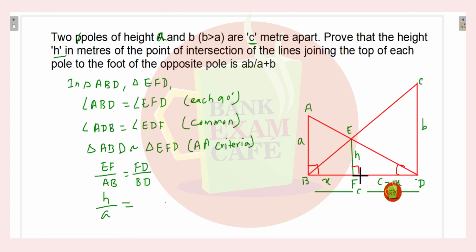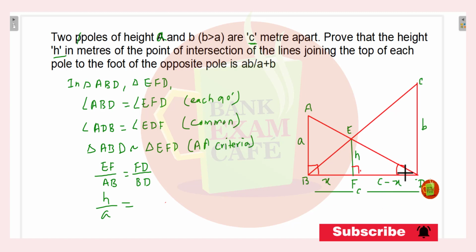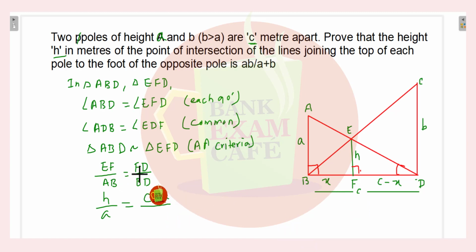We are taking BF as X, and therefore FD will be C minus X. So FD is C minus X upon BD, and BD is the total, C. Let this be equation number 1.